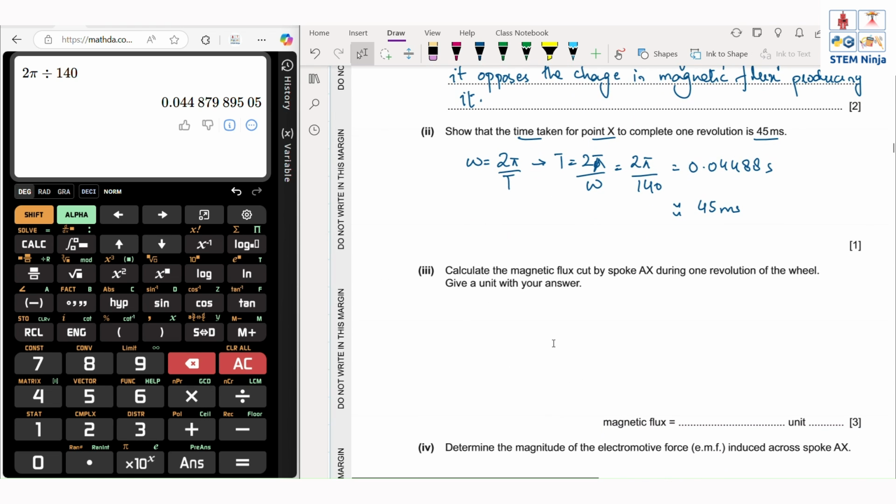Calculate the magnetic flux cut by the spoke X during one revolution of the wheel.